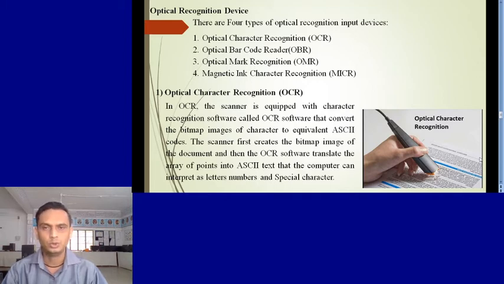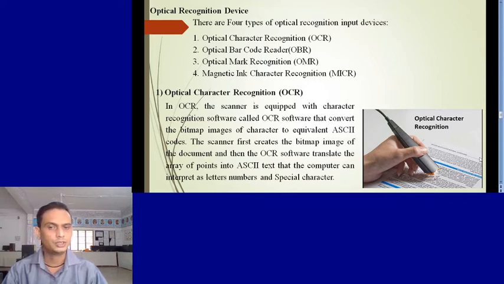When we want to use OCR equipment, we need OCR software to convert the bitmap images of characters to equivalent ASCII code. When we drag the laser beam over our document, the bitmap images of the document matter are converted into ASCII codes.